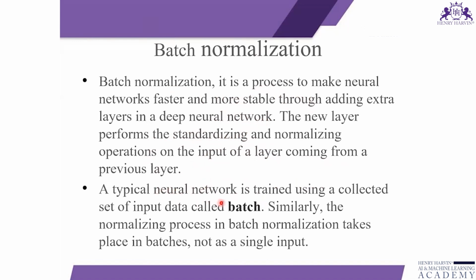A typical neural network is trained using a collected set of input data called a batch. Similarly, the normalizing process in batch normalization takes place in batches, not on a single input. So you have these normalized values with some standard deviation, which your model can learn in the process, and that is really helpful. How can we do it?